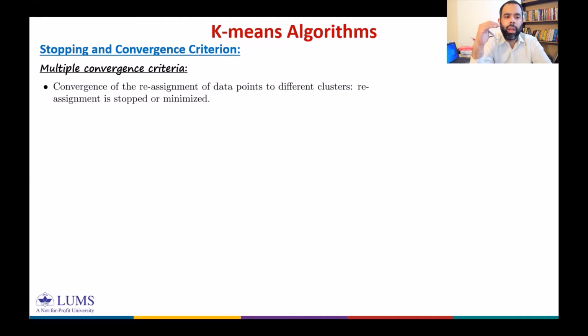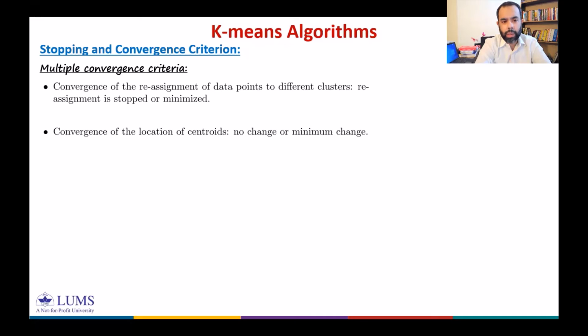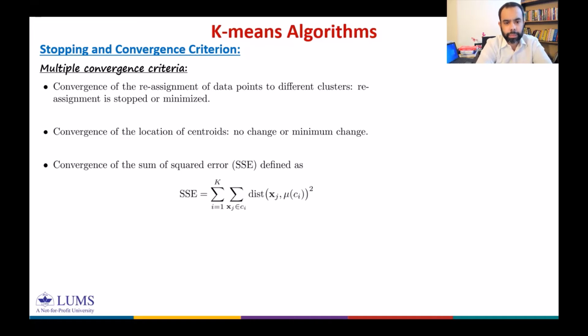You can say reassignment has converged, or the location of centroids has converged. If the points are not being reassigned, the centroids would stay at the same point, right? Or we can use convergence of the sum of squared error, which is defined as this.